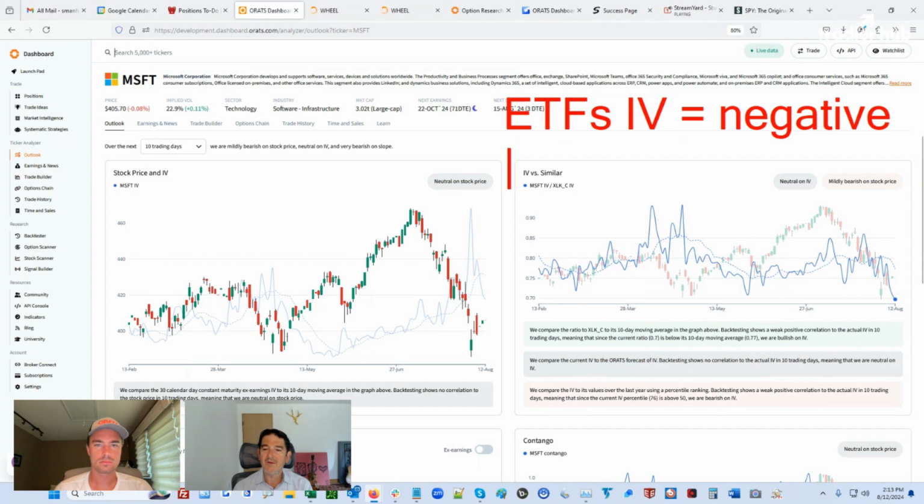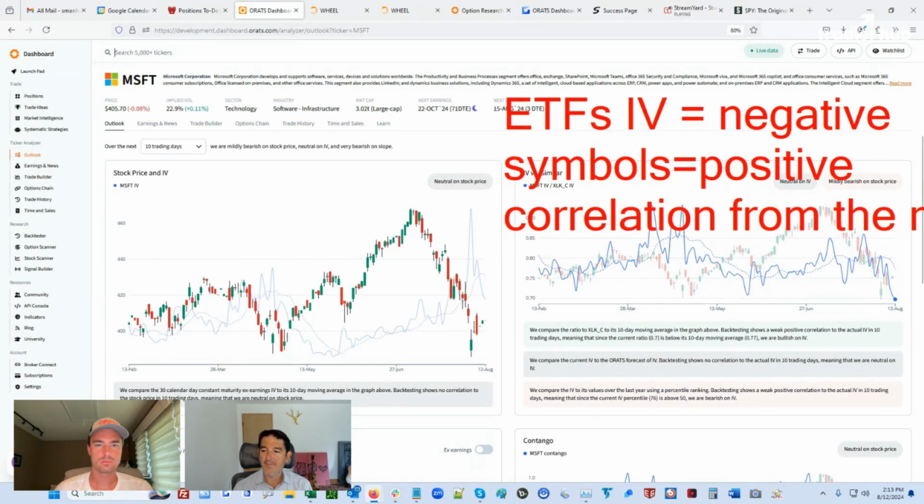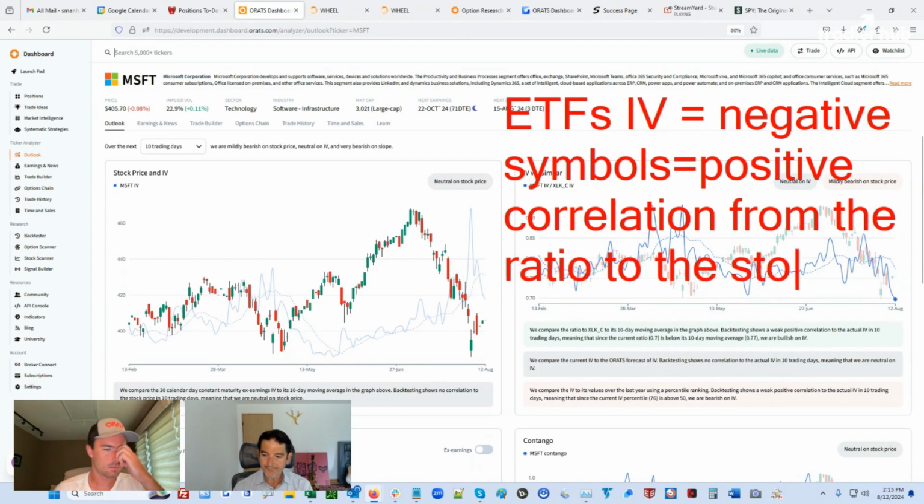But for the symbols, it's the opposite. So do you get that, Tyler? Yeah, I mean, that's a good generalization of it.